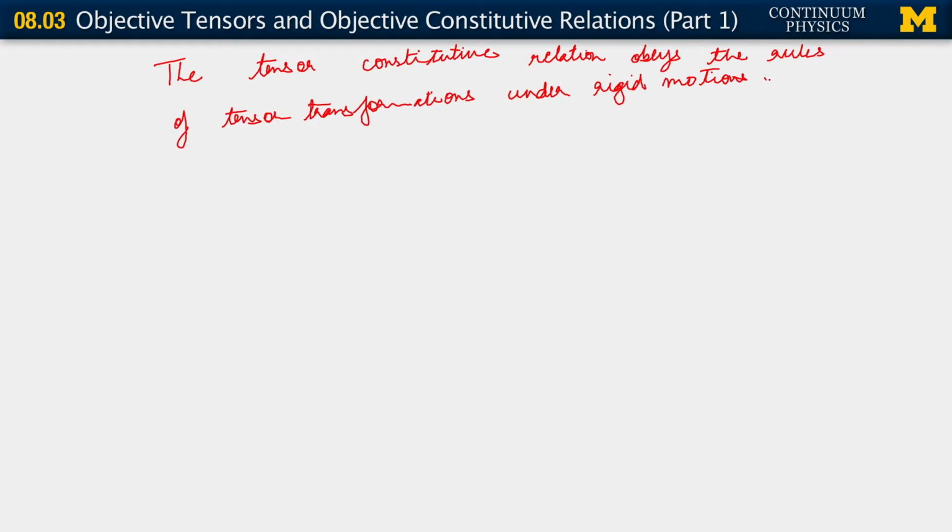Okay, and this is what we mean for this tensor constitutive relation to be properly invariant. This is what we mean by its invariance.